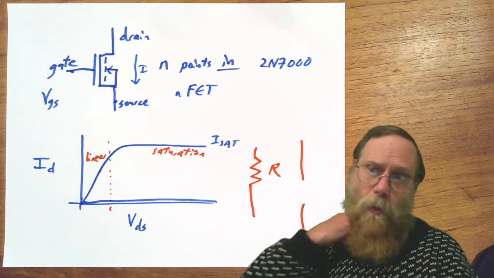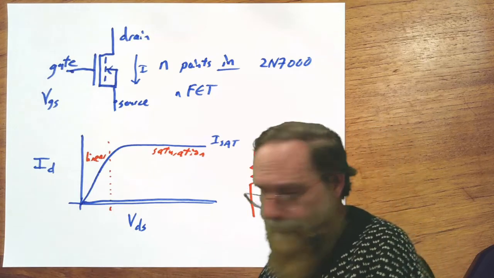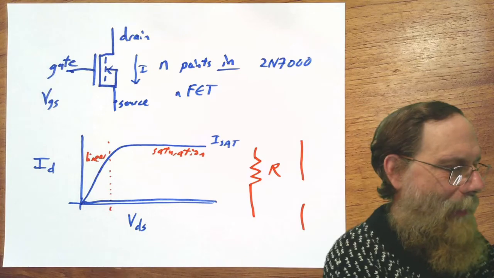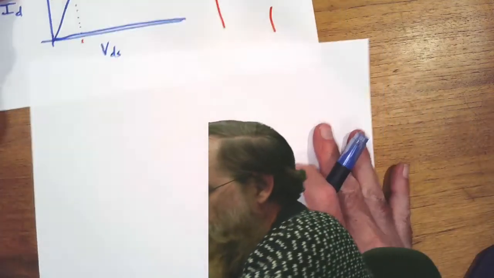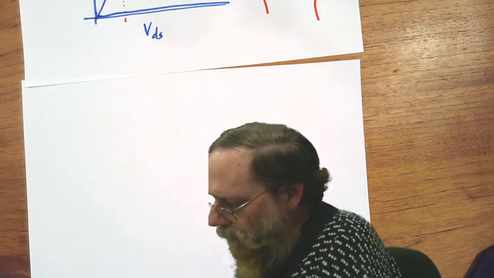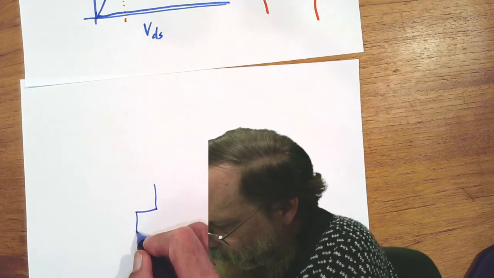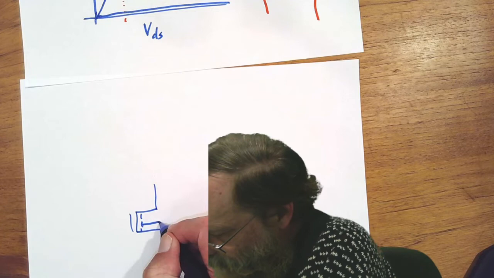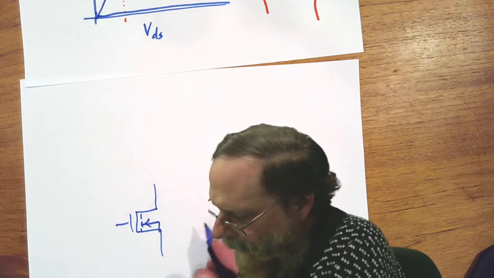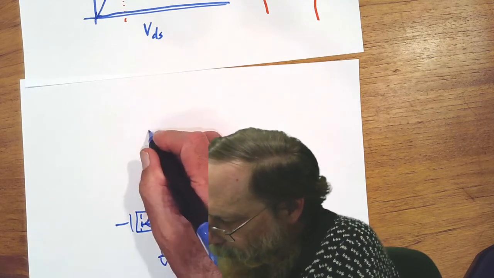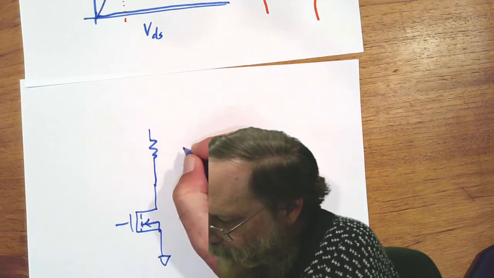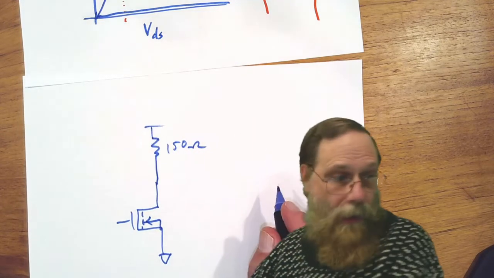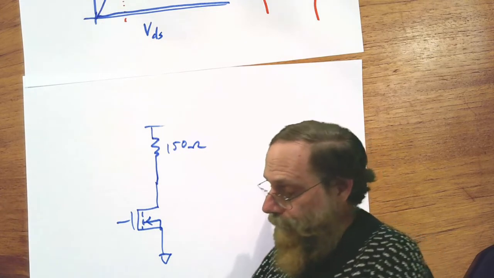All right, so what I did is I have another sheet of paper here to show you the test setup that I made. I took one of these transistors, an NFET, put one end to ground, and I put a load resistor here of 150 ohms, and I connected it up to a voltage source.